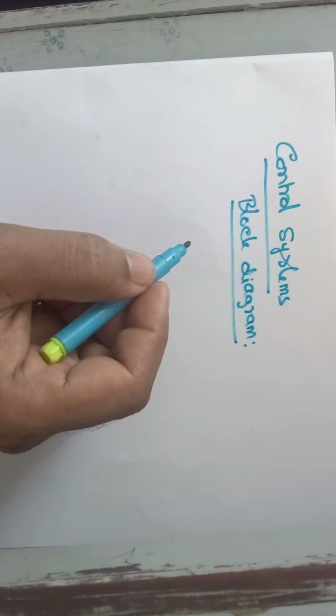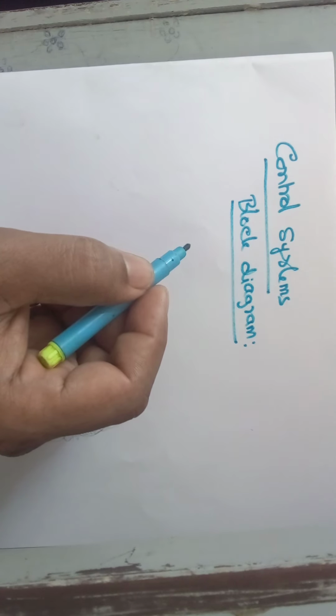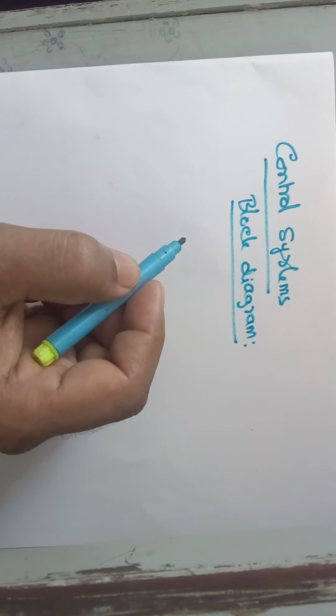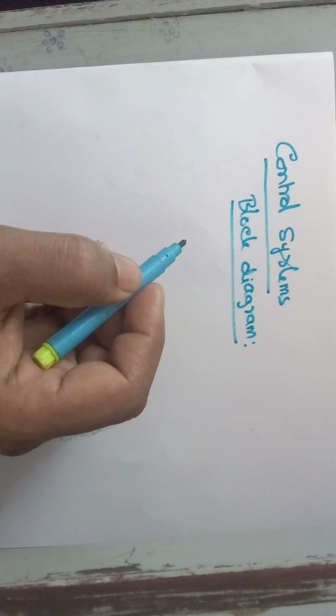Right? So a control system may have a number of components. In control system engineering, in order to show the functions performed by each component, we commonly use a diagram called a block diagram. So the block in each control system represents the functions performed by the control system.